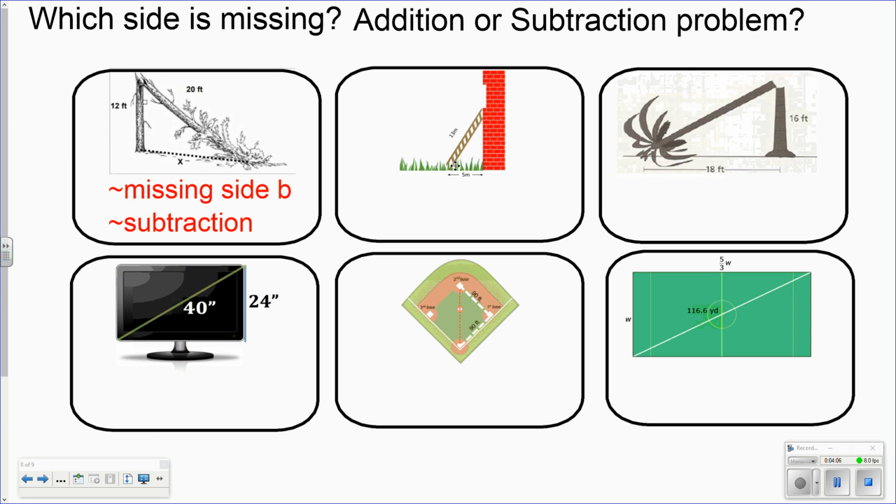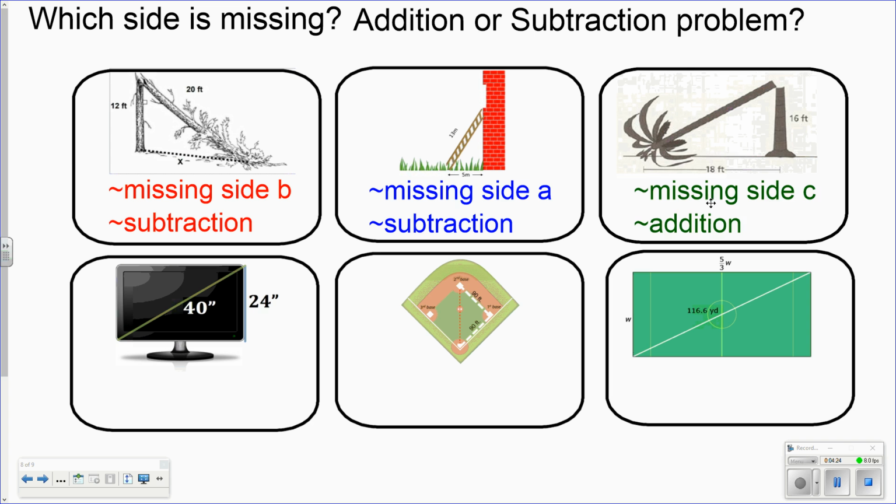So here's the ladder, so that again is the hypotenuse, so we're missing side A. It could be side A or B. If we're missing side A or B, it's a subtraction problem. On this third one, the tree that's fallen down is our hypotenuse, and that's what we're missing. So we're missing side C, so that means it's going to be an addition problem.